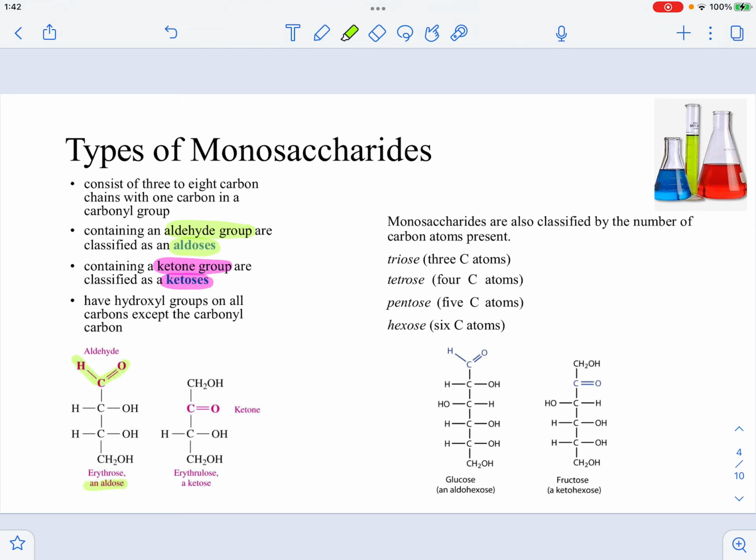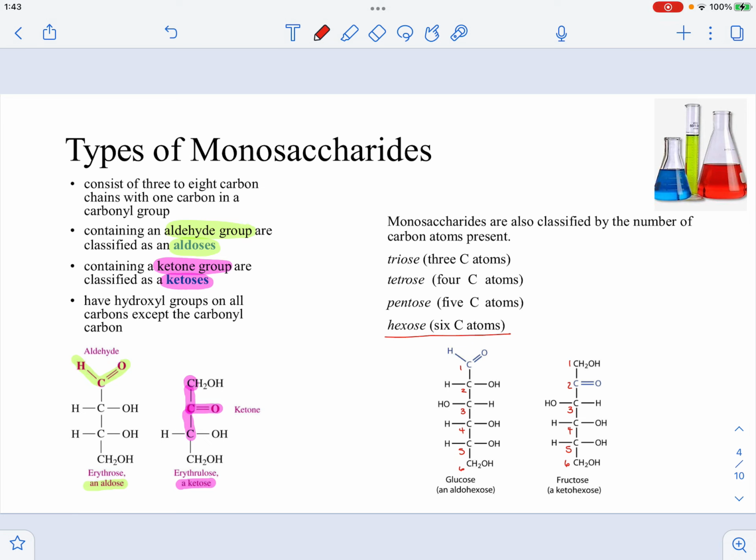The number of carbons present in our monosaccharides can also be utilized in the classification. As you can see here, we have the example of glucose and fructose. Each of these 2 monosaccharides contains 1, 2, 3, 4, 5, 6 carbons, and since they have 6 carbons, they are known as hexoses. Understand that the aldehyde and ketone group can also be incorporated into the categorization.